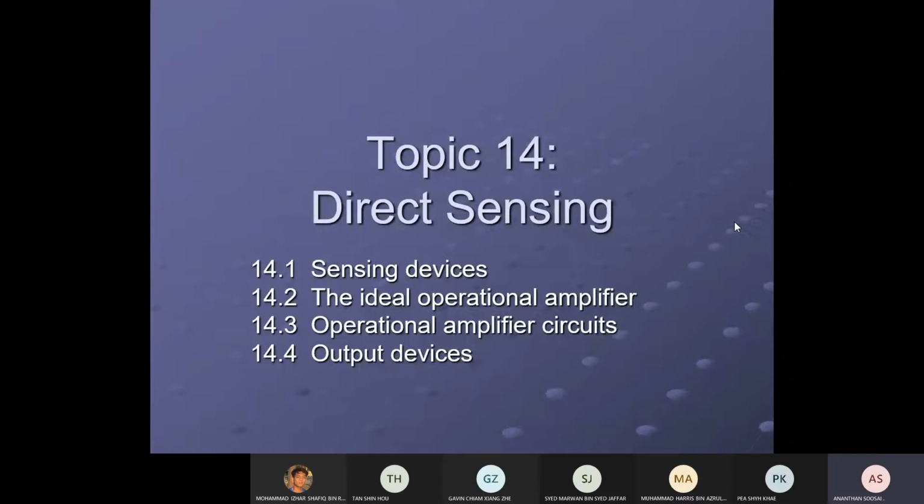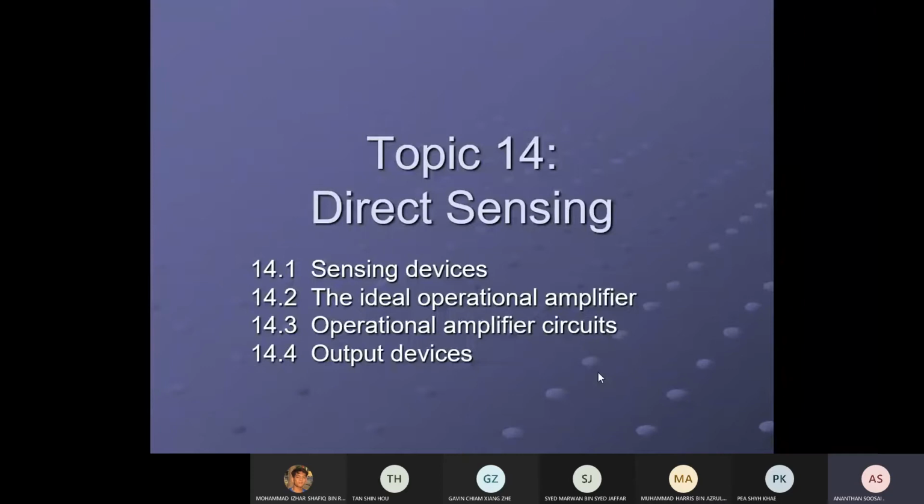Okay, so this topic is about direct sensing. Direct sensing means electronic sensing: directly sensing the information and coming out with the output. It's called sensing or direct sensing. This topic is maybe 90% something new you never learned before, and 10% you learned before, about the sensors and about the transistor.